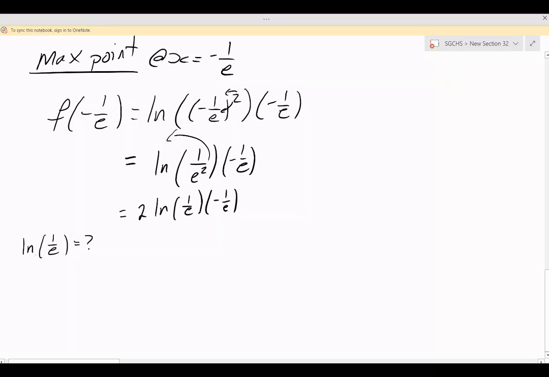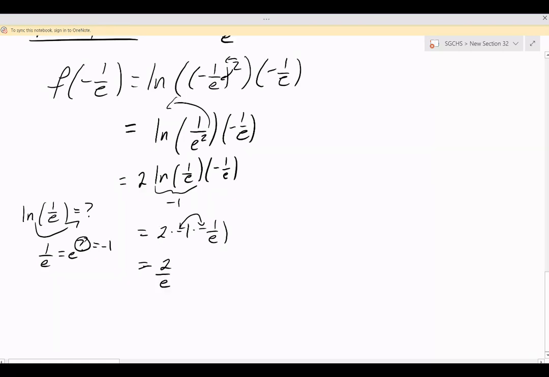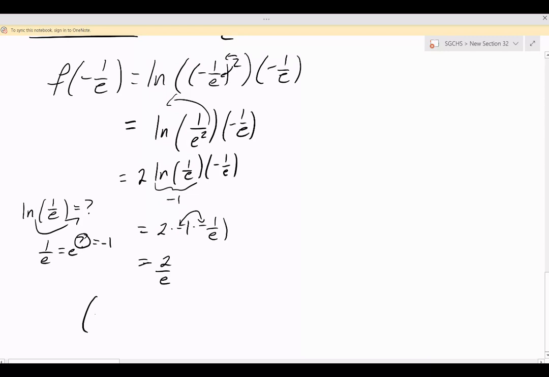Well, remember, e to the power of what equals 1 over e? That would have to be negative 1, which makes this entire thing negative 1. So we have 2 times negative 1 times negative 1 over e. These two negatives will cancel out, so we get 2 times 1 over e. So our max value is going to be found at negative 1 over e and 2 over e.